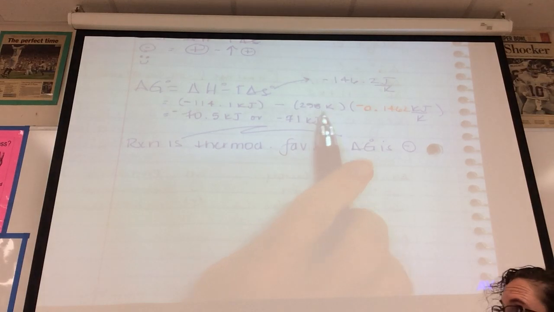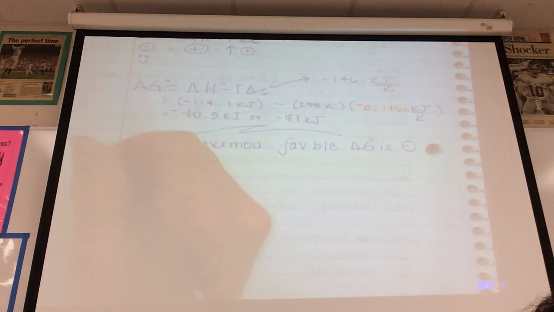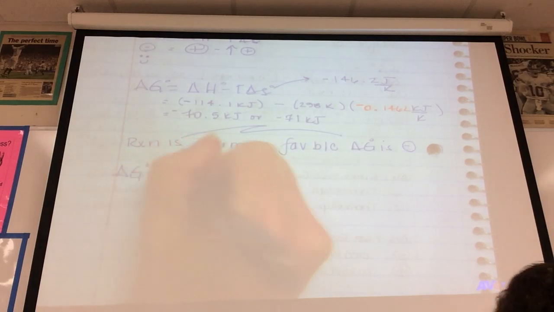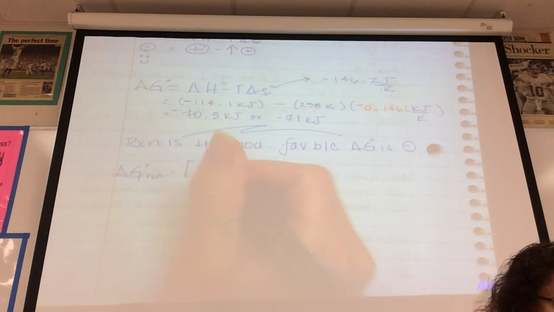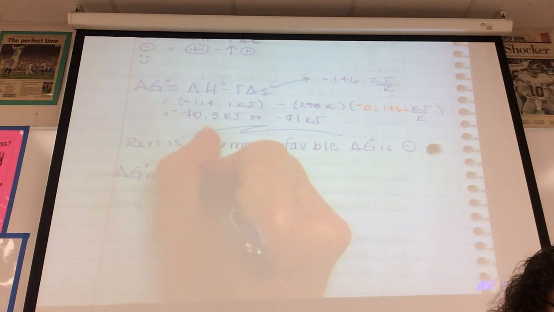No degree before Kelvin. You can also calculate delta G of a reaction doing products minus reactants, taking into account number of moles of each.